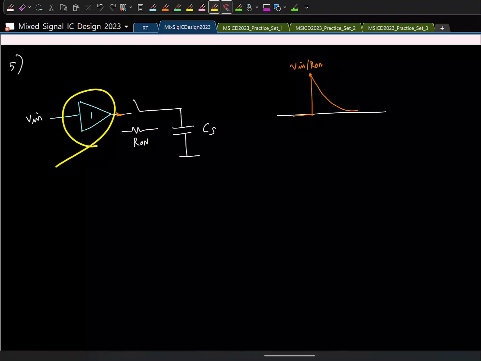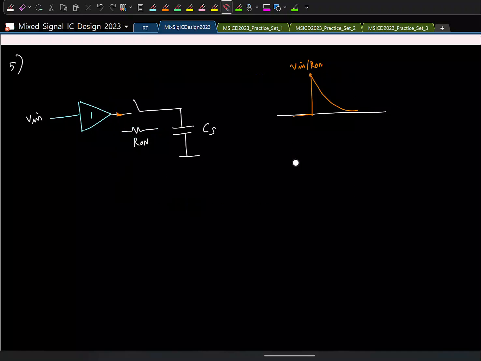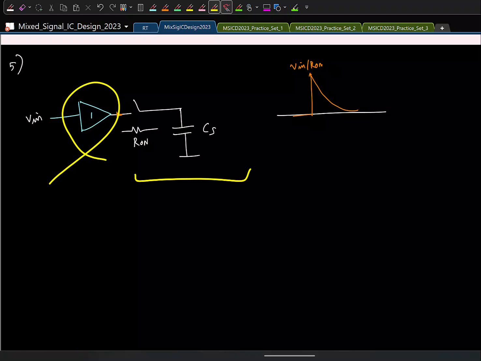Without going into a lot of detail, to get good linearity out of this buffer you have to have more and more power consumption. So in practice the buffer ends up consuming significantly higher power than the SAR ADC itself. It is not uncommon to see the buffer power consumption 2 or 3 orders higher than the ADC power consumption.